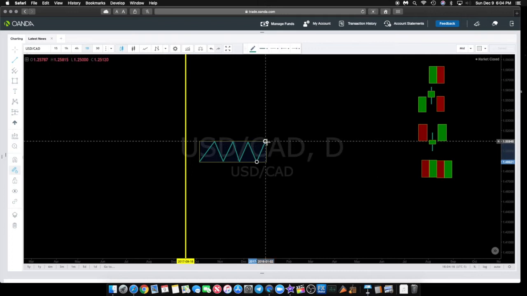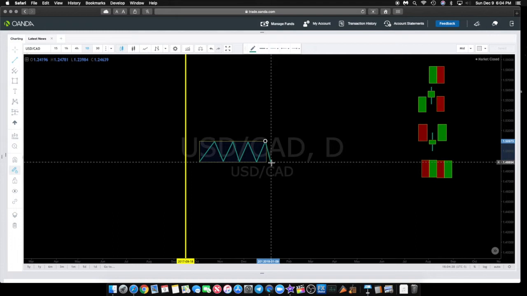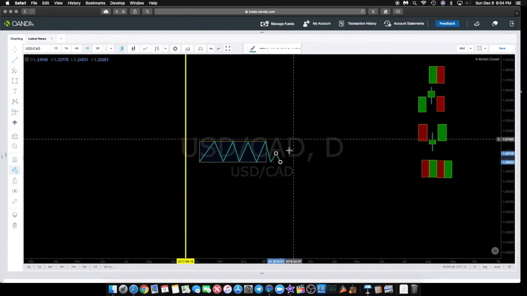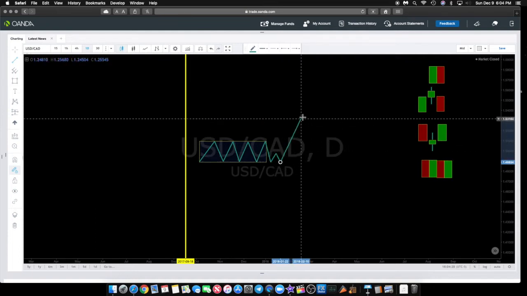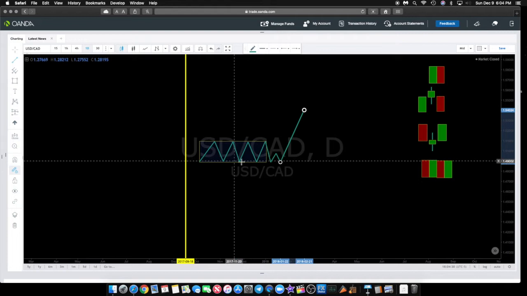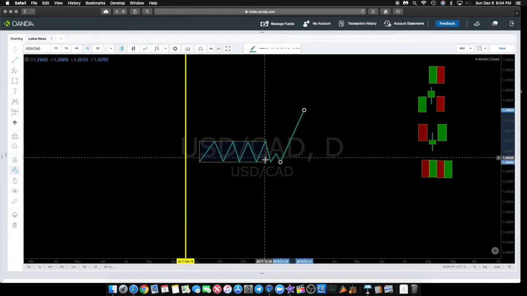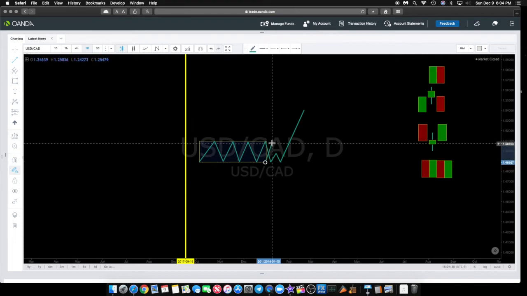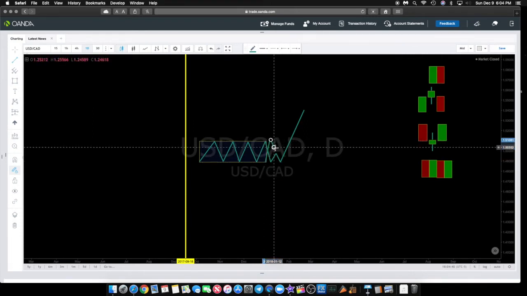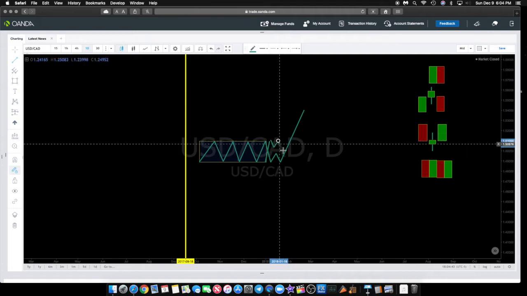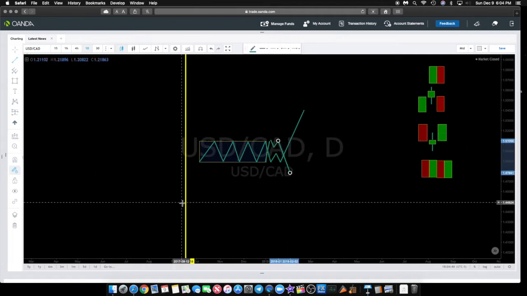Type 2 is going to be a type where it's either going to stay at the Asian low, or it's going to stay at the Asian high, like this.